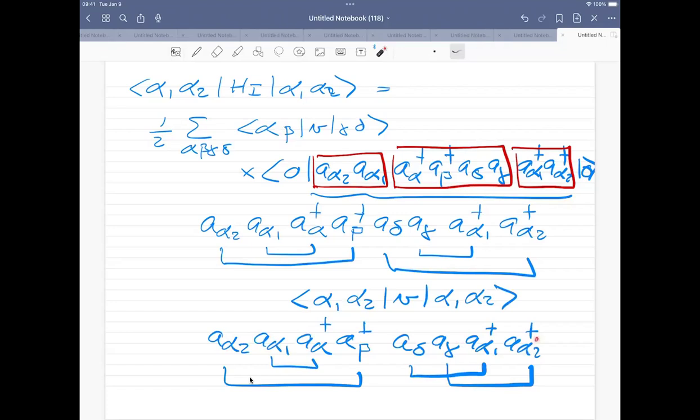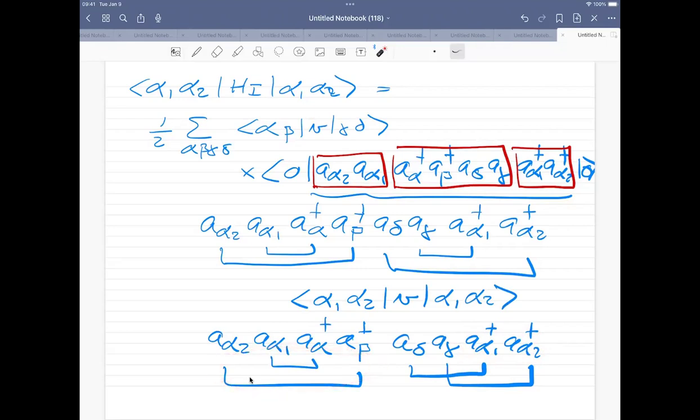So doing that, we just interchange these two creation operators using the anti-commutation rules for these two operators, and that gives rise to a minus sign. So in this particular case, what you see now is that delta is equal to alpha 1 and gamma is equal to alpha 2. And the previous one is just unchanged.